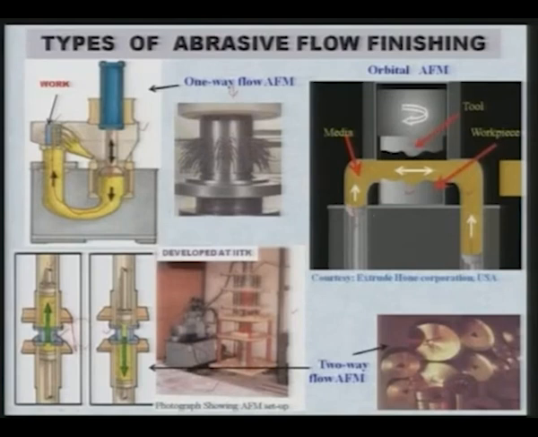So, there is a relative motion between the medium and the workpiece surface. As a result, those abrasive particles finish the blind cavity of the workpiece and you can get very good surface finish with this.